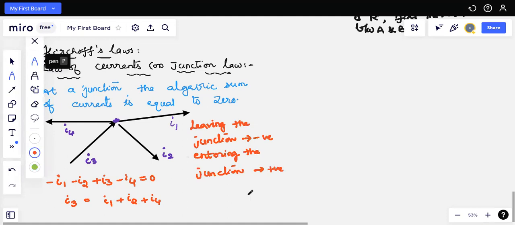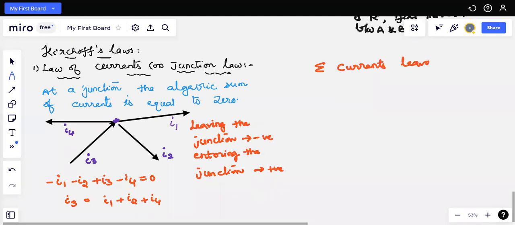You may take entering as negative and leaving as positive while writing the algebraic sum; whatever, it is the same. Finally, it looks like: the algebraic sum of currents leaving the junction is equal to the algebraic sum of currents entering the junction.